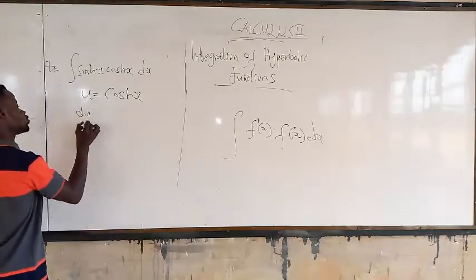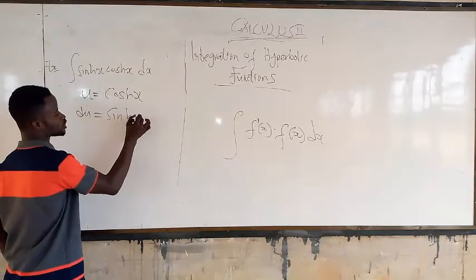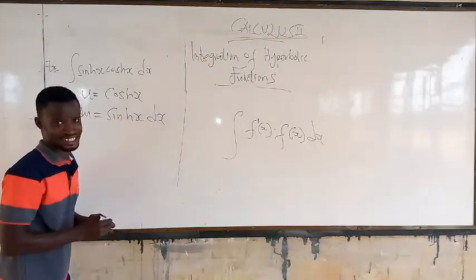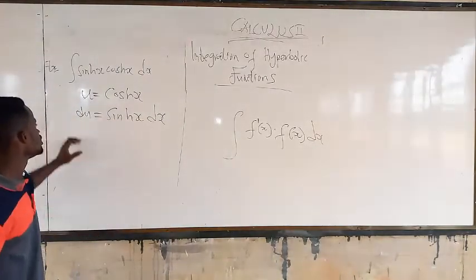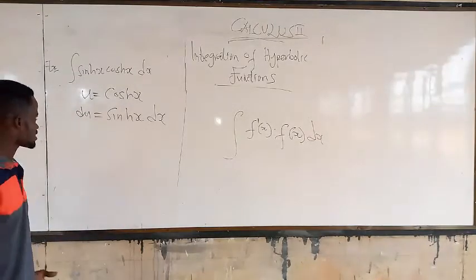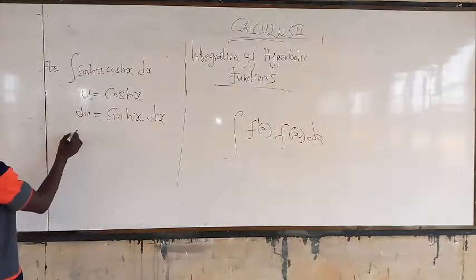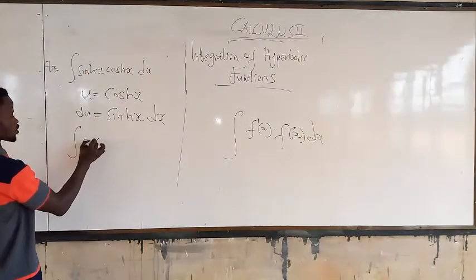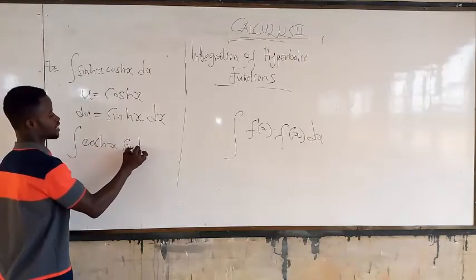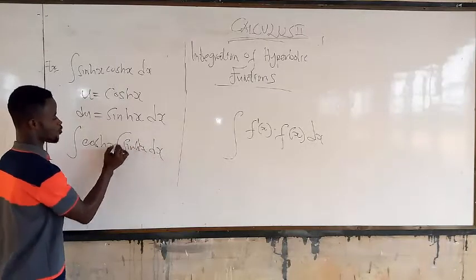Here du will be equal to sinh s ds, or du over ds is equal to sinh s.